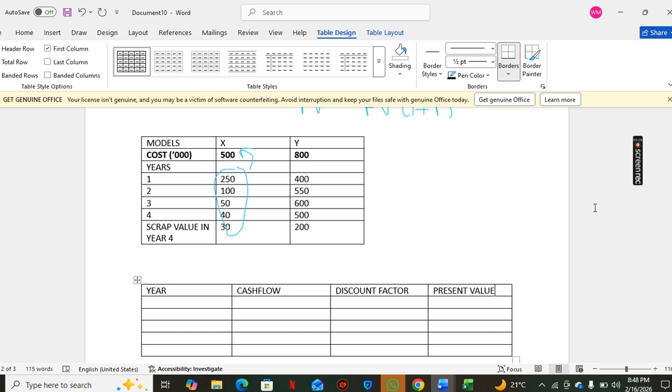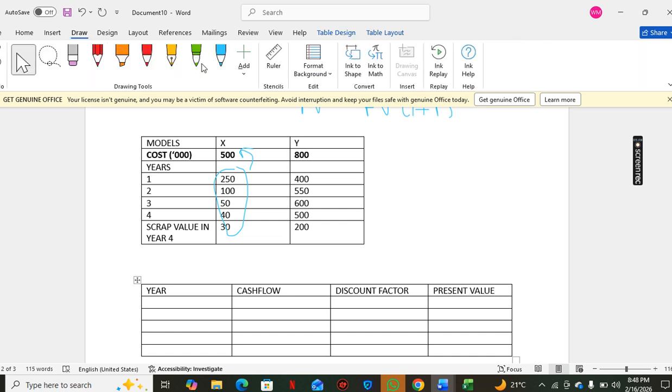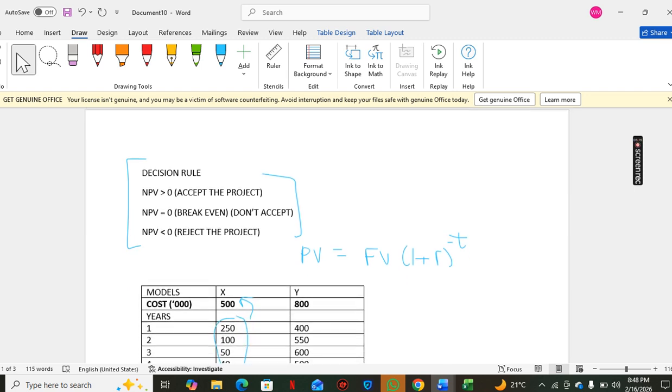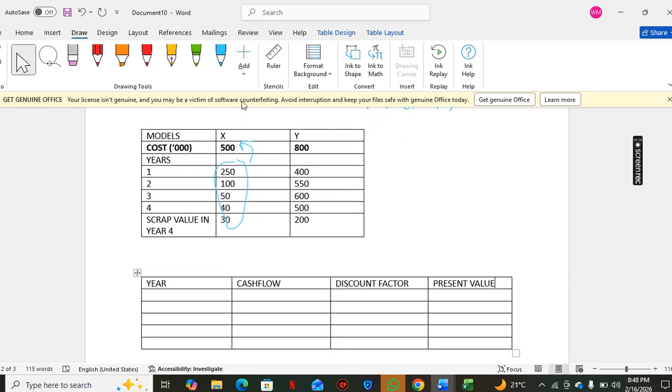Now colleagues, remember, all we're doing is applying this same formula here. Where there's cash flow, think of this as the future value. Where there's discount factor, this is where you have the 1 plus r to the power negative t.